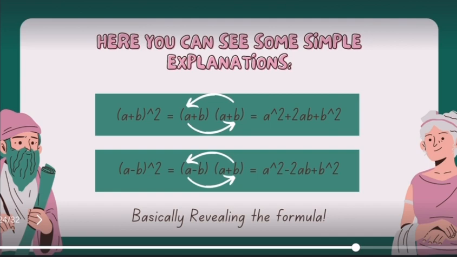So this is how we open the formula basically. We do the same thing with the second one, but we also keep the minus. So basically I was just refilling the formula.